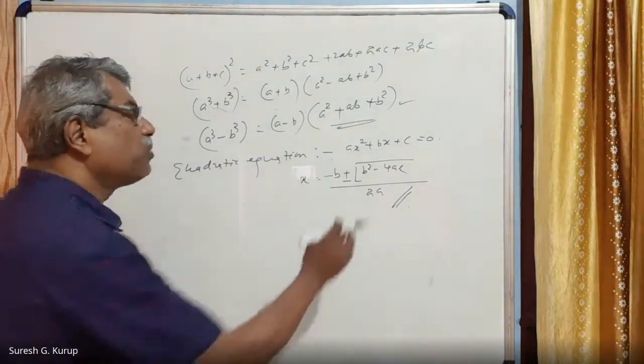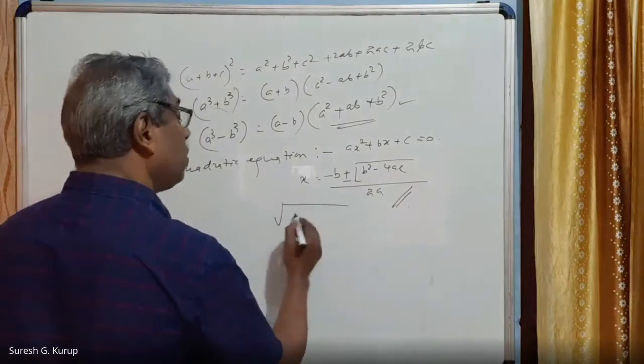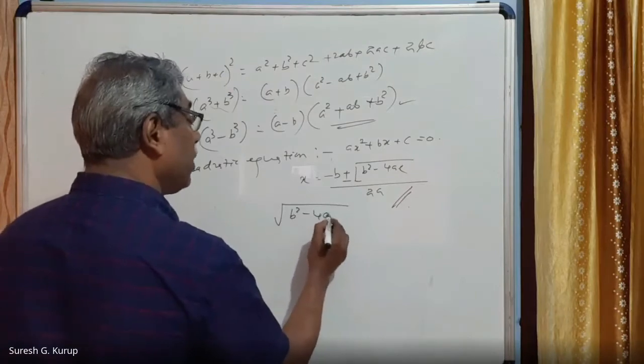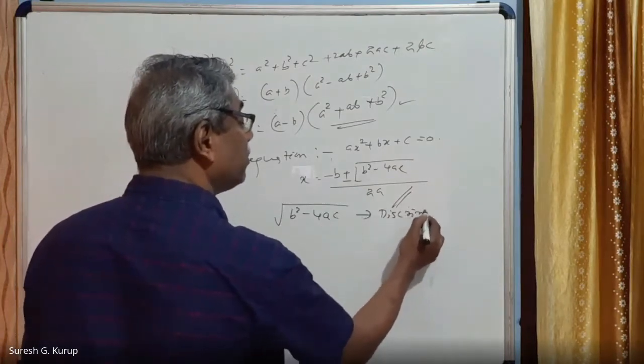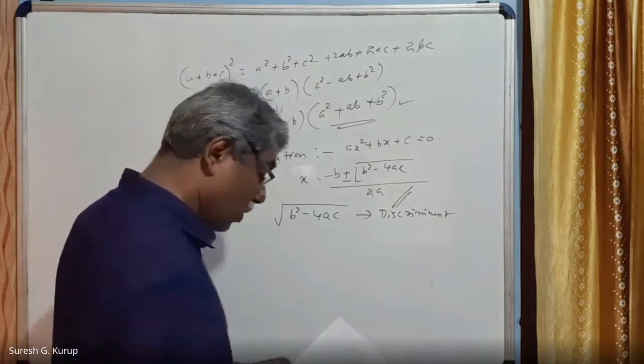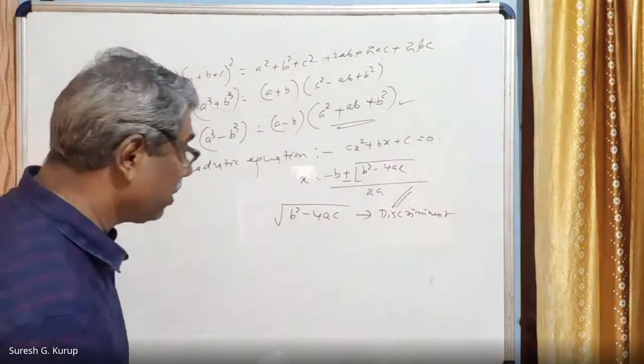In this expression, this part, b² minus 4ac, is called the discriminant. Discriminant it is called.